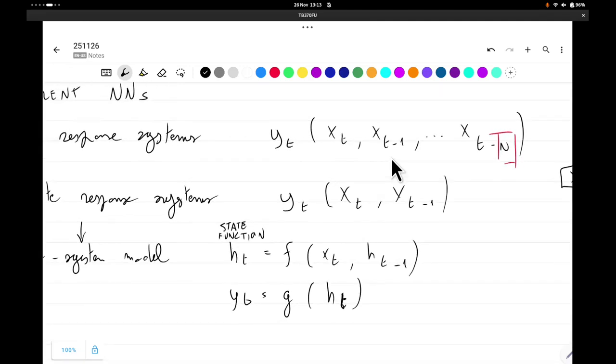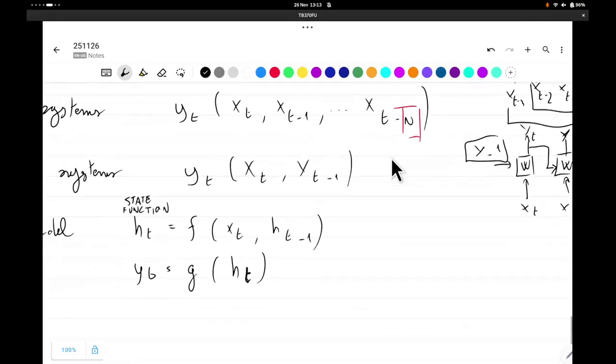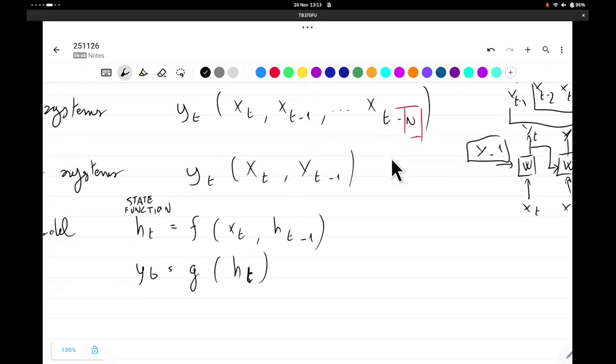And so we have schematically state 0, state 1, state 2, and okay, very similar, but now it's a bit cleaner that we propagate in this way.